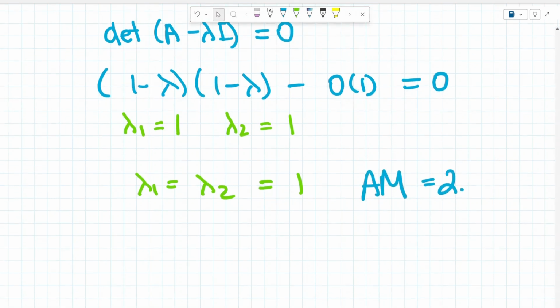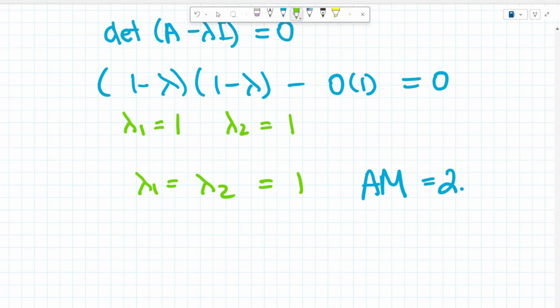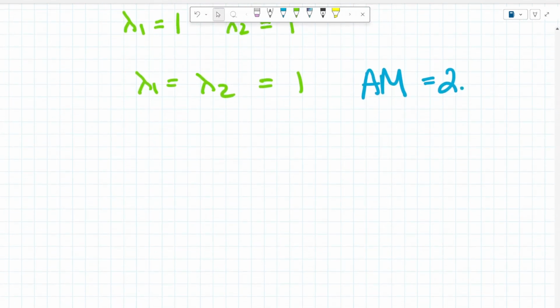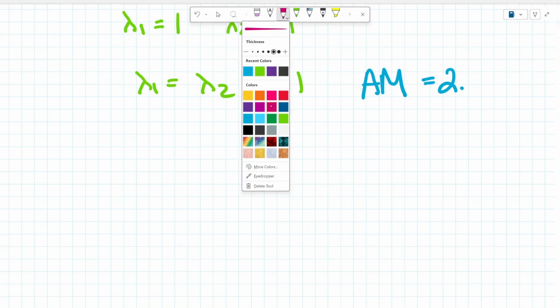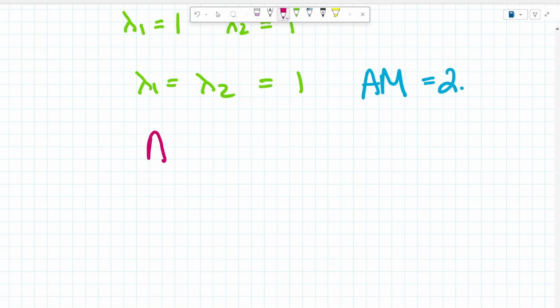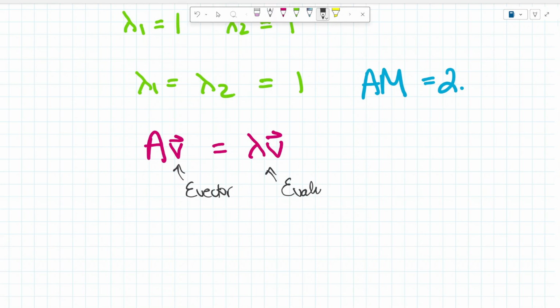Okay? But then in this case, I'm going to fast forward and show you how many eigenvectors we have associated with it. If you want the full example, be sure to check out the other video where I walk through this step by step. But here we're going to use the definition to find eigenvectors such that AV equals lambda V, where this V is our eigenvector and our lambda is our eigenvalue.